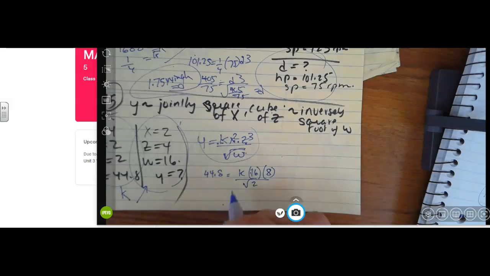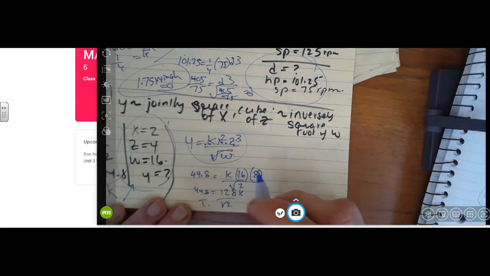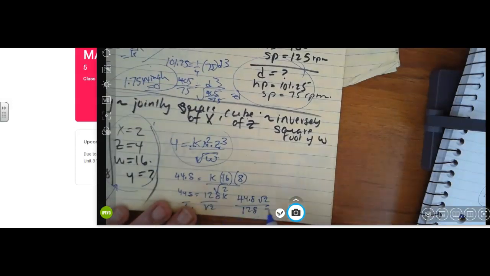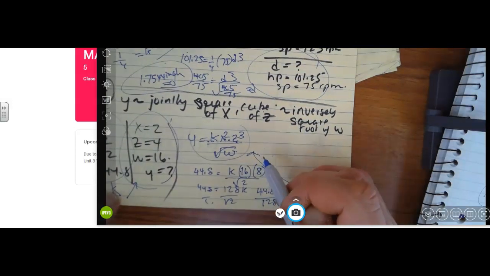If we do that calculation, we'll get 44.8 is equal to 128k over root 2, and therefore we're going to get 44.8 times root 2 over 128, and that'll give us our answer of k equals 0.4949. That's not our answer, that's just the k. Once we get that 0.4949, then we reevaluate it with these numbers over here.